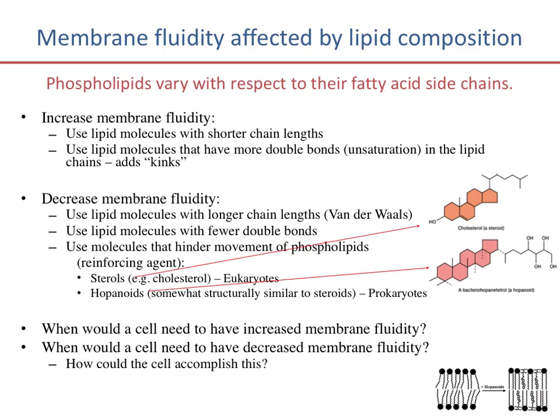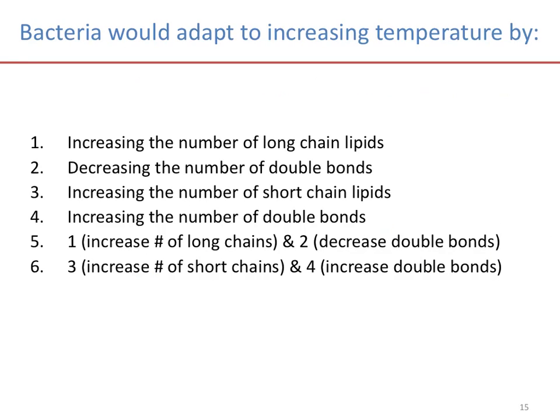I can guarantee you that these types of questions are going to be on the exam, and you'll need to think about instances when a cell would want to have high fluidity or low fluidity and the circumstances behind it. What I'd like you to do on your own time is to think about this particular question and see if you can figure out an answer to it to your satisfaction.